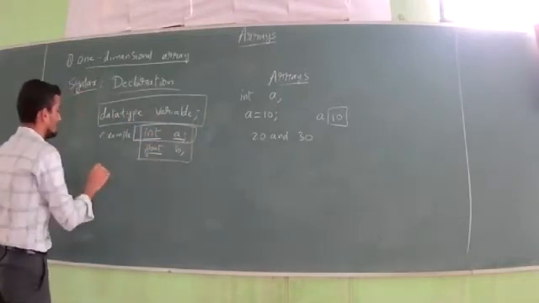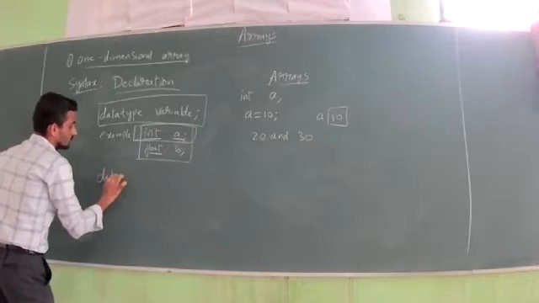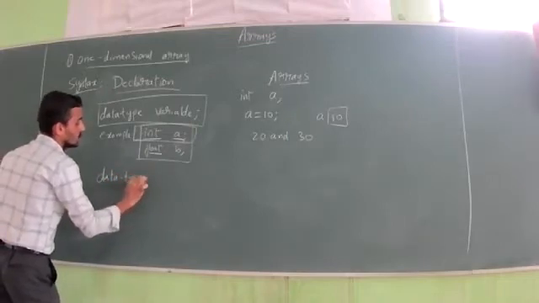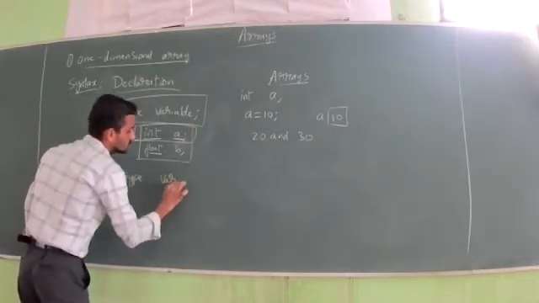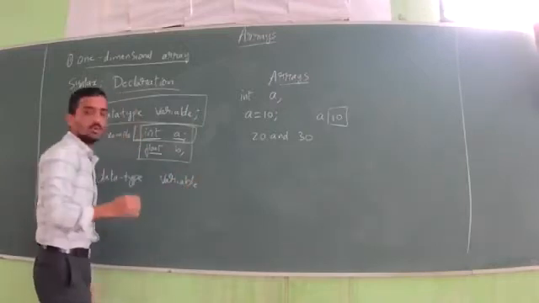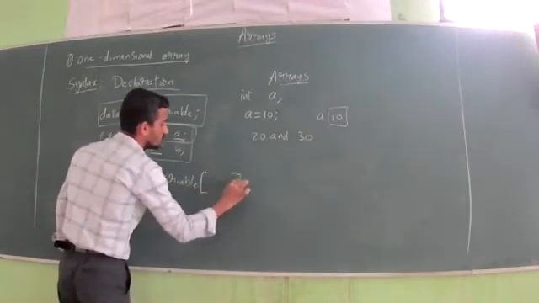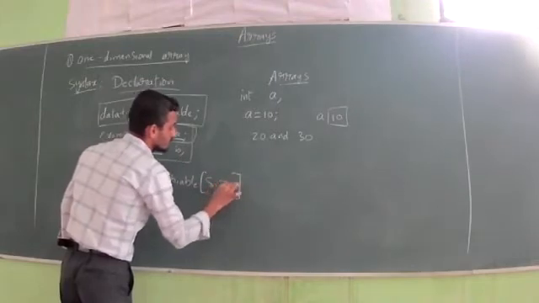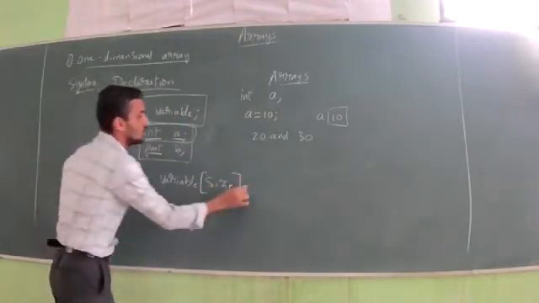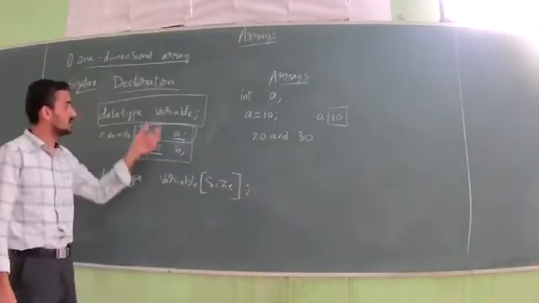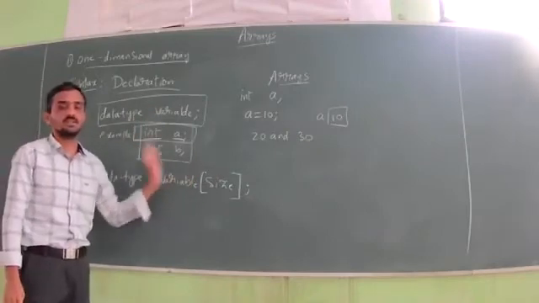So the syntax is: data type, variable, and before you put the semicolon, you have to mention the size here. How many values do you want to store? It is just a little bit of extension.